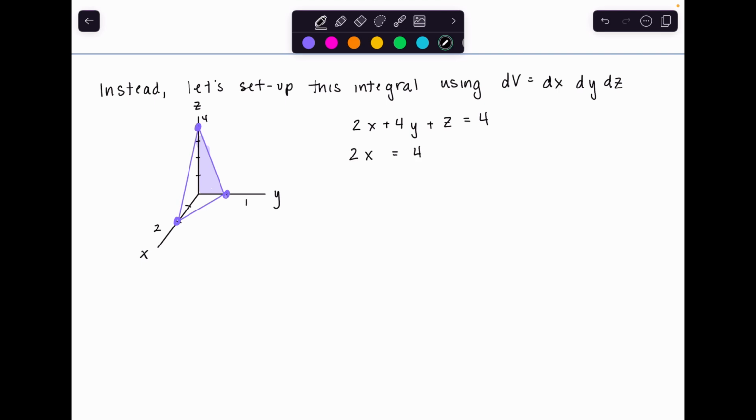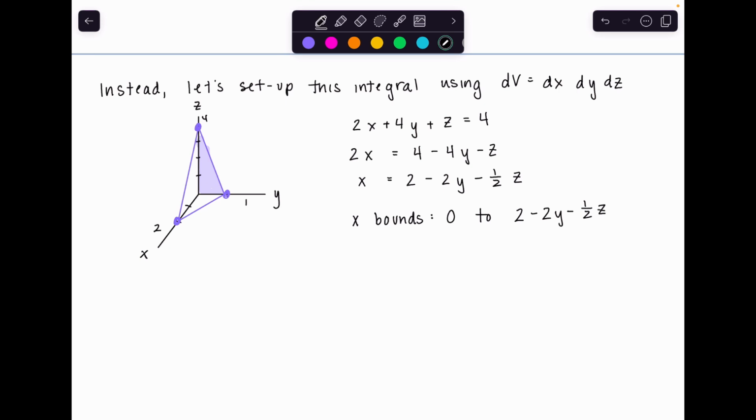So we've got to first subtract the y and z pieces, and then we need to divide by 2. And you can already see why this is not the ideal setup, because I'm going to have a 1/2 at my bounds. So my x bounds are going to start at 0, and they're going to go to this plane.